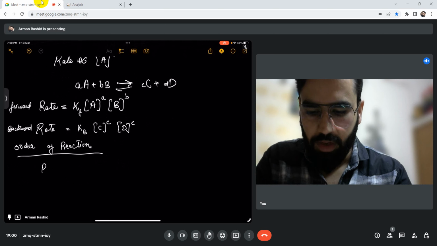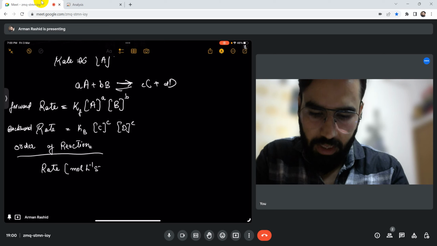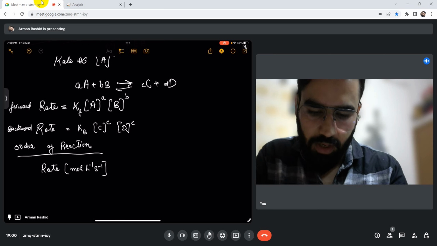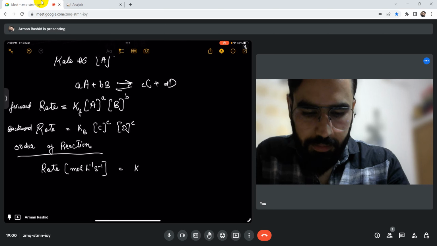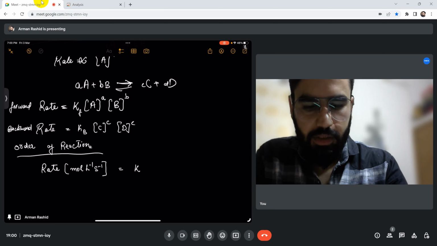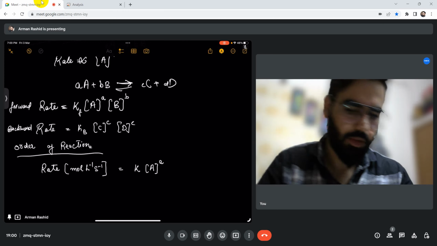Simply, if I write the rate of a reaction, whose units are mole per liter per second, it is equivalent to K times the concentration of something raised to power a, where K is the rate constant.